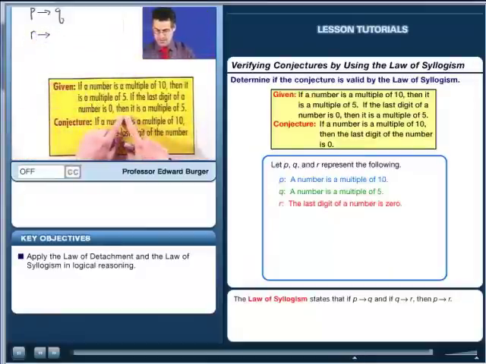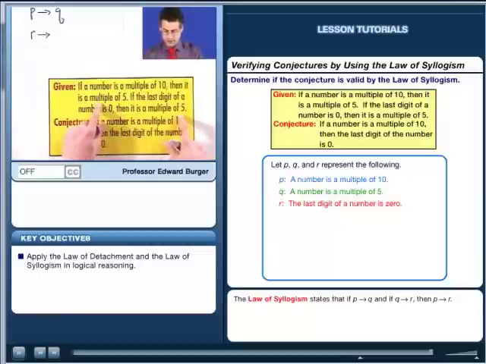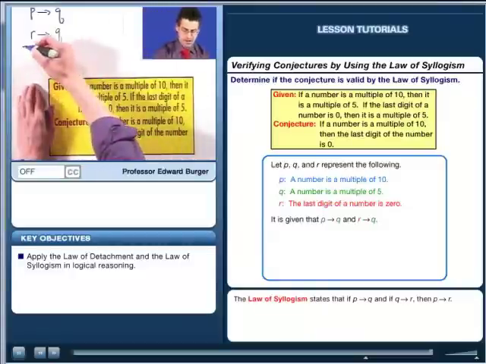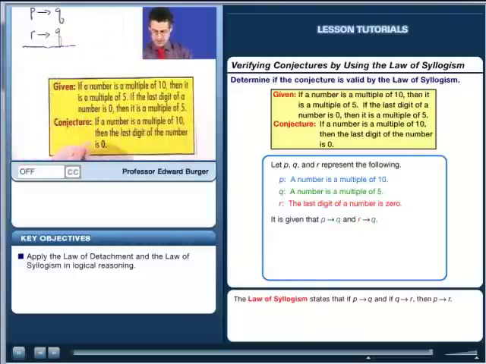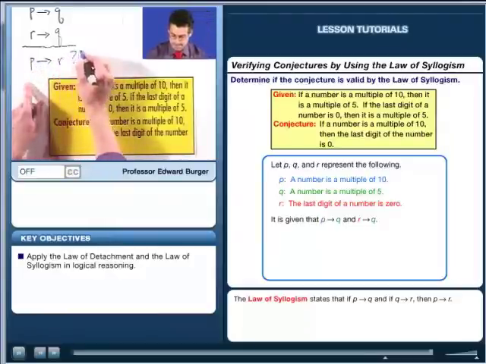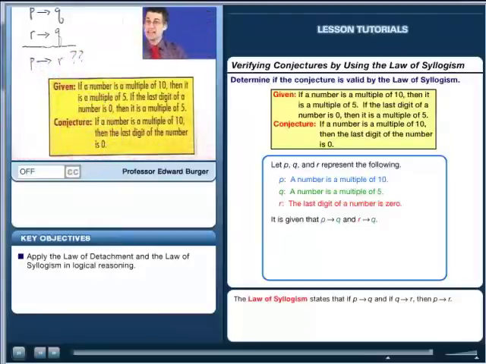That's a new statement, let's call that R. And that implies the number is a multiple of 5, and we've already called that Q. So those are the two things that we know. And the question is, can we conclude that if a number is a multiple of 10, that's P, then the last digit of the number is 0, that's statement R? So can we conclude that P implies R?